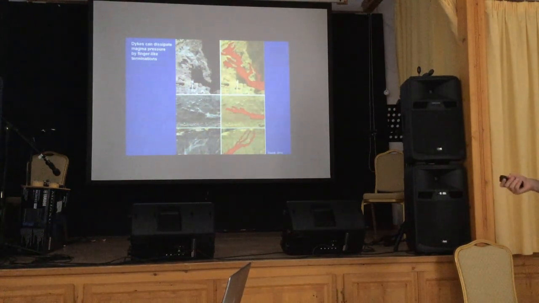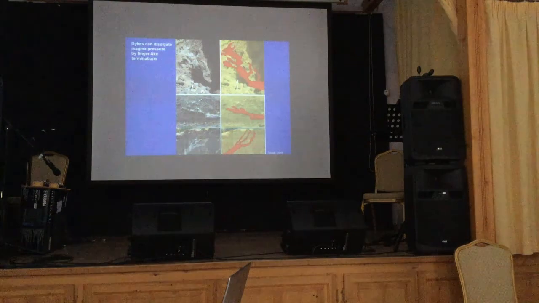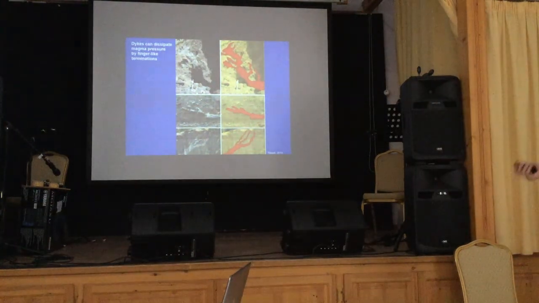This can occur in a lot of situations. In the literature, sometimes it's said that this can occur when you have loose deposit, like scoria deposit, but in reality, this occurs in very hard rock. So that's not true. You can have this finger-like termination or dissipation of the overpressure in any type of rock.